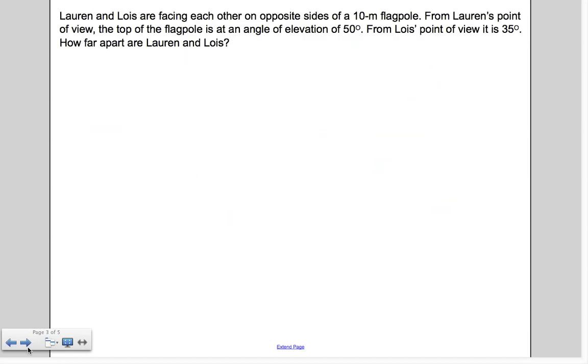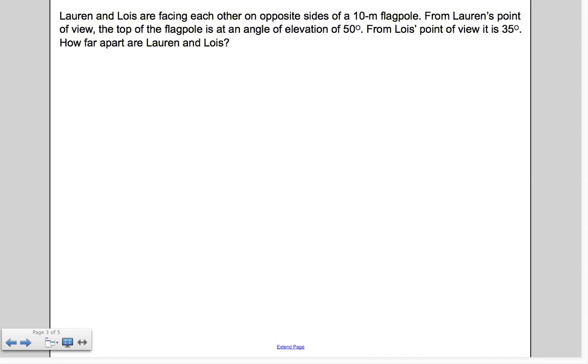So here's an example. Lauren and Lois are facing each other. So write this down. What I like about you actually writing down the word problem is that as you write, you can actually process the words, think about what the question is saying, think about what's happening. So Lauren and Lois are facing each other on opposite sides of a 10-meter flagpole.